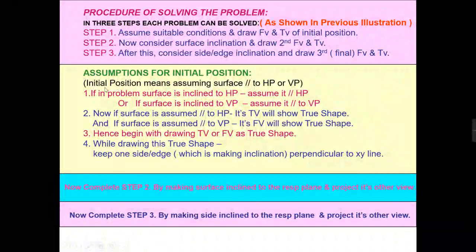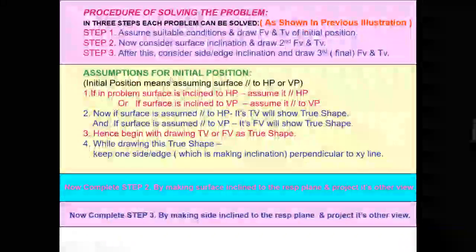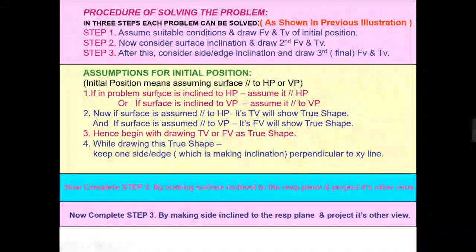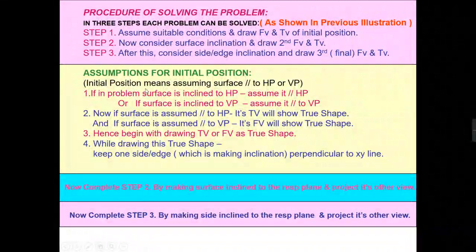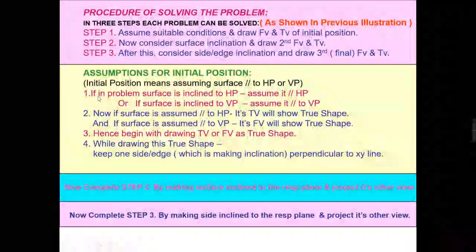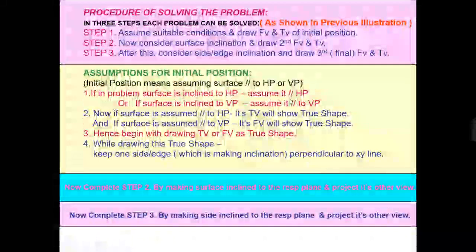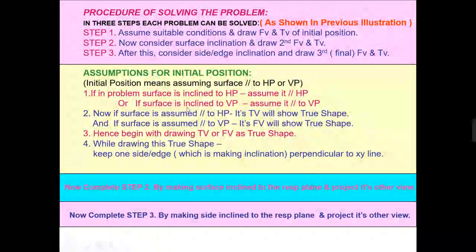The first step is the assumption for the initial positions. Initial position means assuming the surface parallel to the horizontal plane or vertical plane. If in the problem the surface is inclined to the horizontal plane, assume it is parallel to the horizontal plane.